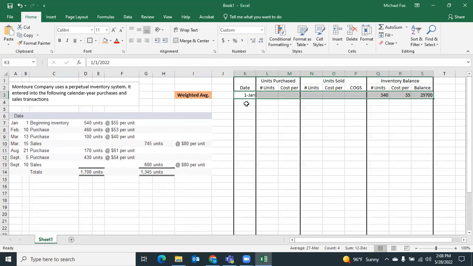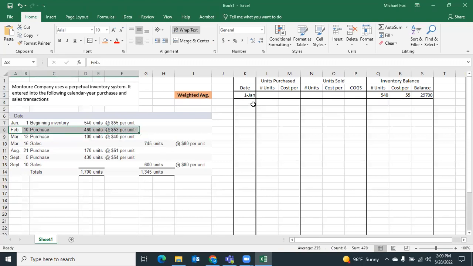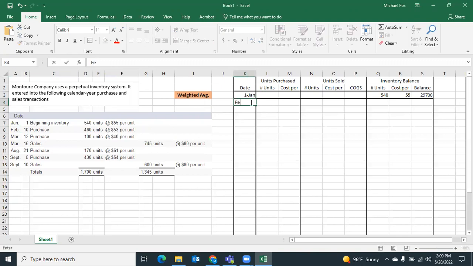And now on February 10th, they're going to purchase 460 units at a price of $53 per unit.